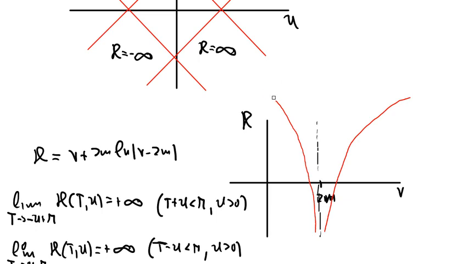So I'm just going to delete the other part for the moment. By looking at this, we see that when big R goes to infinity, small r goes to infinity, and when big R goes to minus infinity, small r goes to 2m.